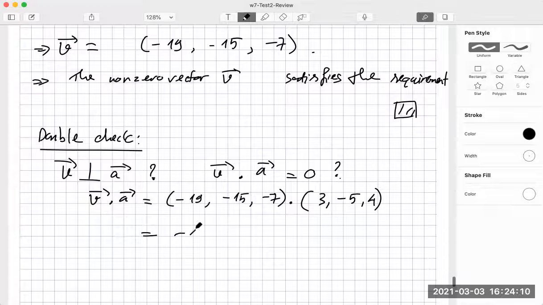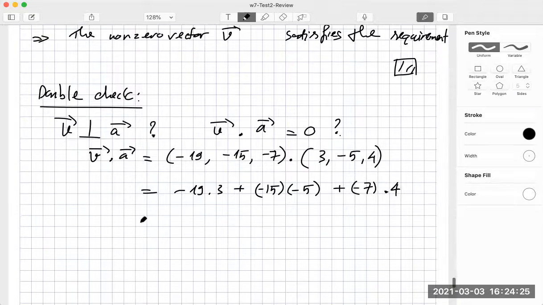It will be negative 19 times 3 plus negative 15 times negative 5 plus negative 7 times 4. 19 times 3 will be 57, negative 57, plus this is 75, this is negative 28, right?